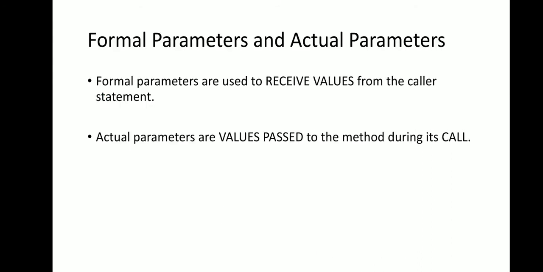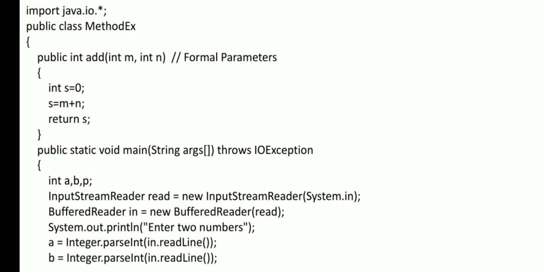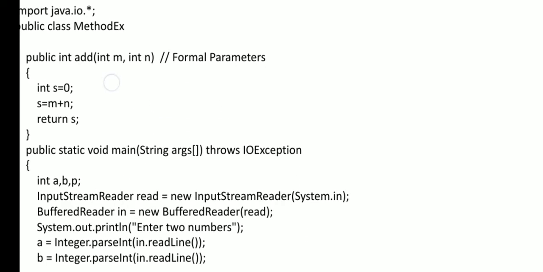And next you should know formal parameters and actual parameters. Formal parameters are used to receive values from the caller statement. See in this example, I am passing int m, int n. While defining a function in a method header, we are using two input arguments, int m and int n.